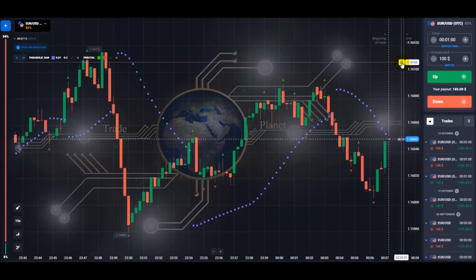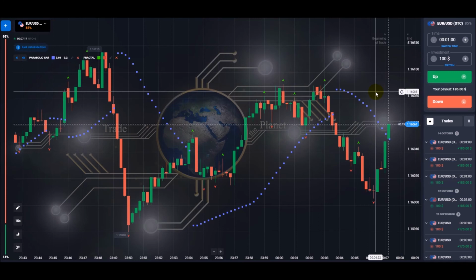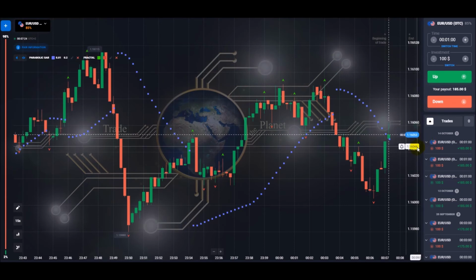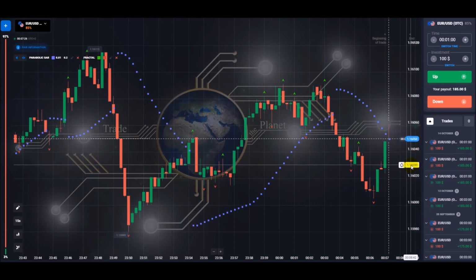The price goes steeply upwards. Here we must be equally fast to get a good entry into the trade. Of course, we have to pay attention to our signals. From the fractal indicator we already have a signal, now only the parabolic SAR is missing.